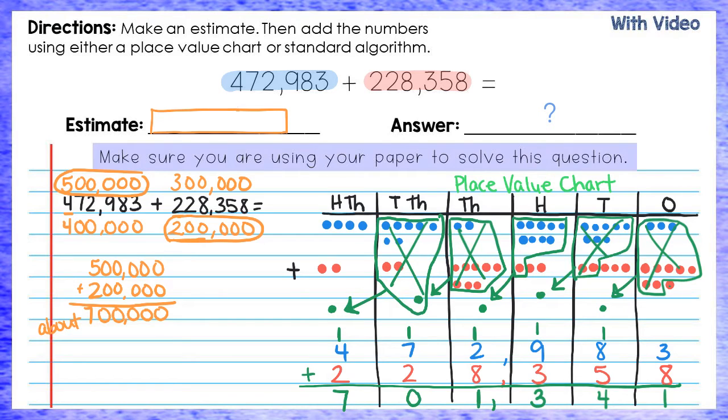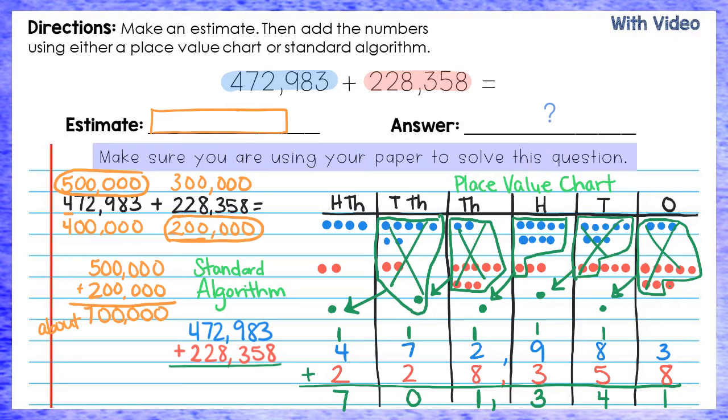Now I want to do this in standard algorithm. So we will write the blue number 472,983, and I'm reading it from right here, not from what I did, because I want to always start from the problem that's given, plus 228,358.